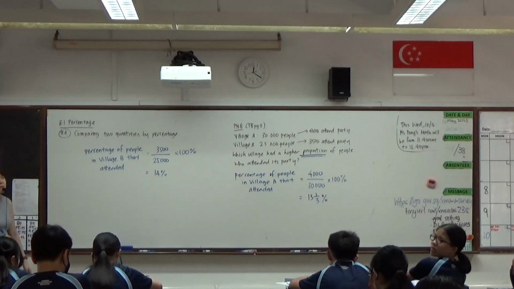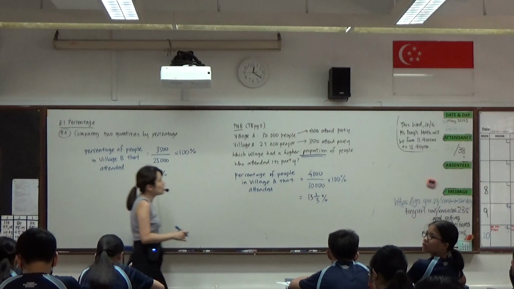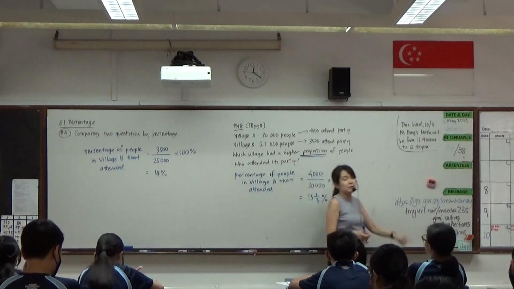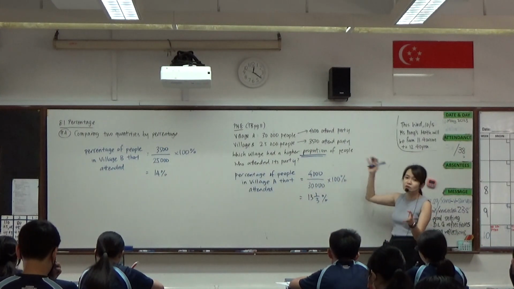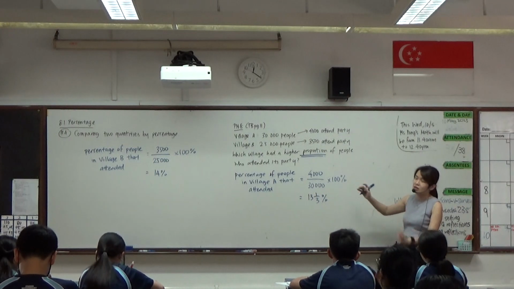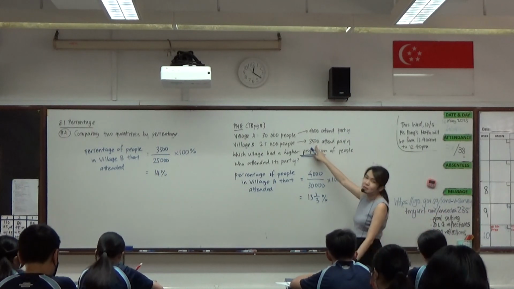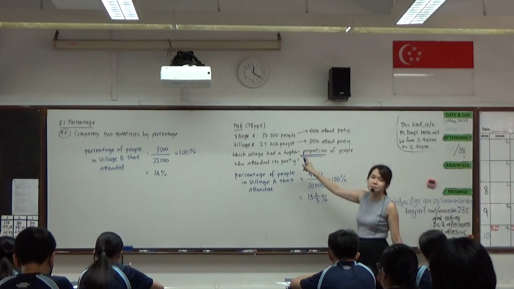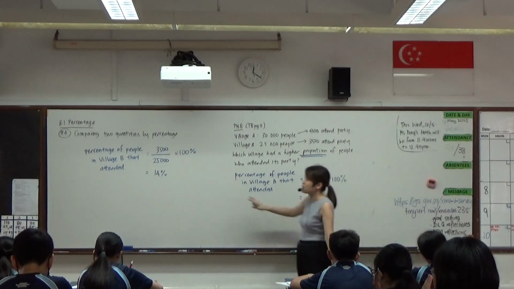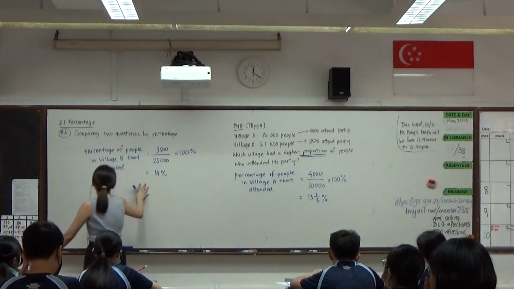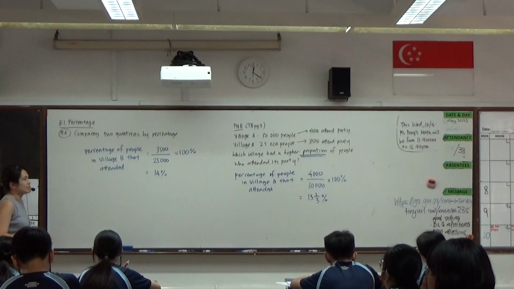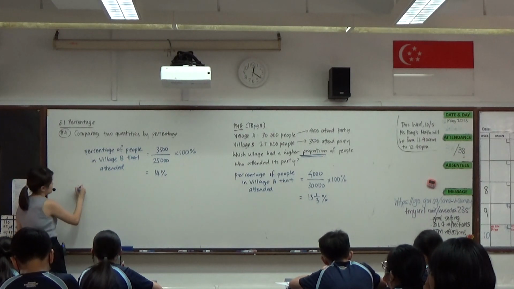So by proportion, although village B has fewer people going, attention over here please, looking at proportion, there is a higher proportion of people from village B that is attending the party.